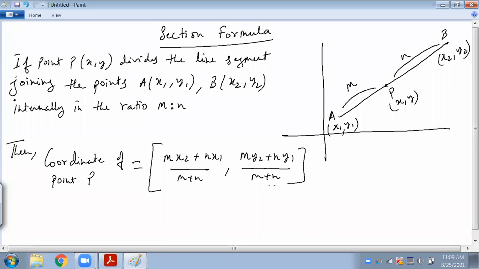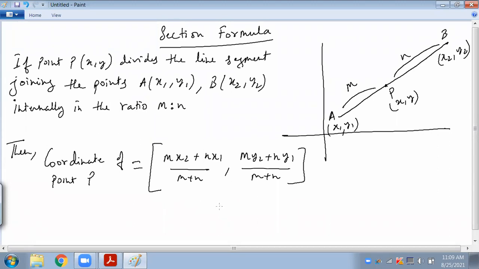So section formula is used if you know a point is dividing the line segment joining 2 points in some ratio. When it is dividing the line joining 2 points in some ratio, that time we are going to use this section formula.